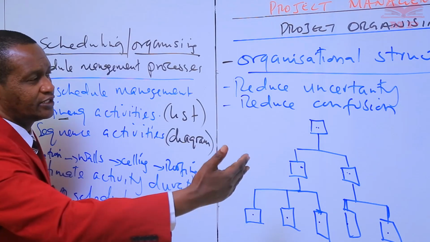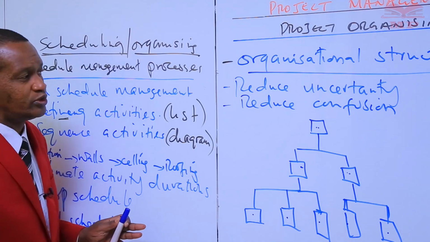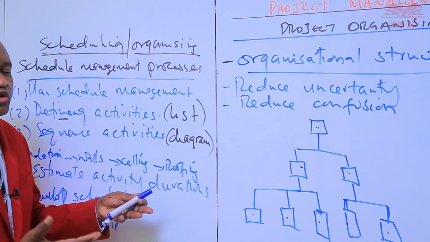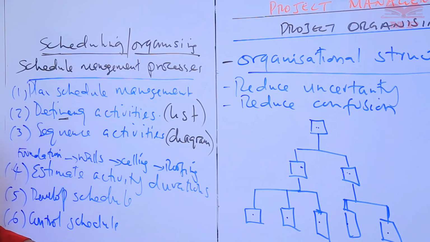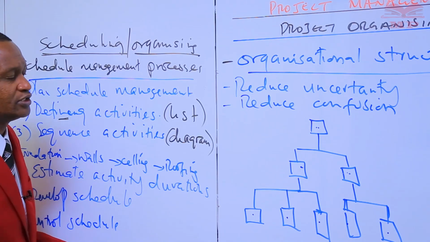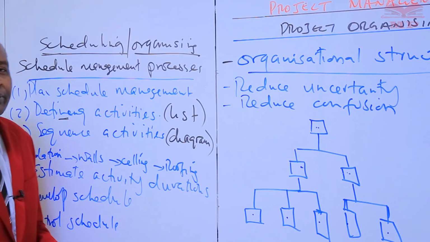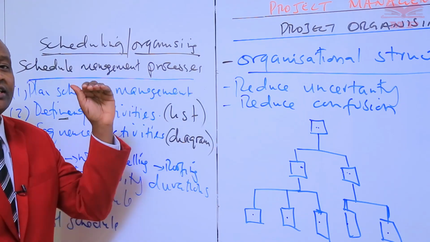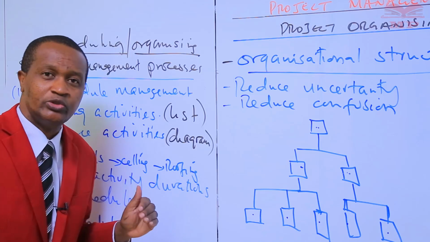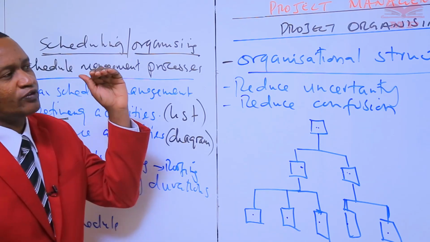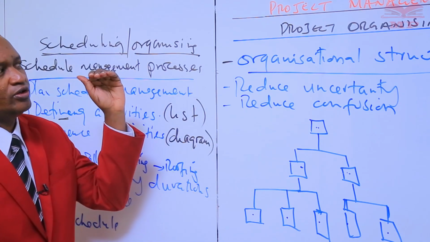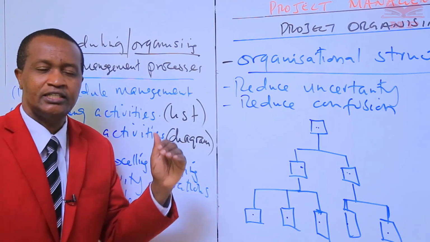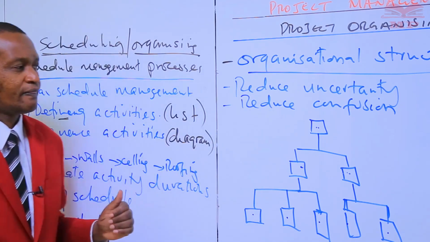So project planning and project organizing, which we have discussed in today's lesson, precedes the execution of the project. And that is very important, so that it is on the basis of the project planning and the project organizing that a project is executed. It is on the basis of the plan and the organization that the project is monitored and also evaluated.